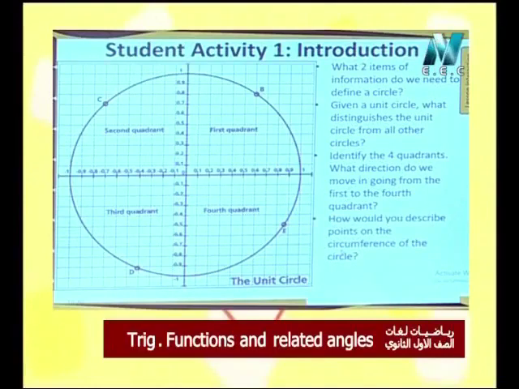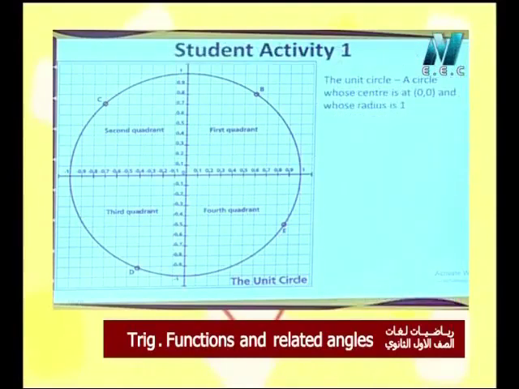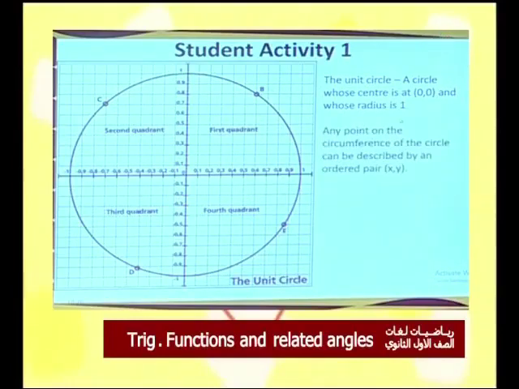How would you describe points on the circumference of the circle? Read the Cartesian coordinates of points in each of them. We have a unit circle here, and we have many points here. We have B, C, D, and E. And the center is the origin point 0 and 0.